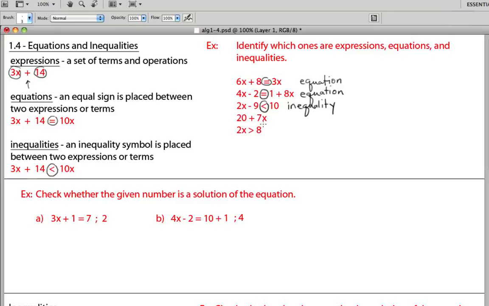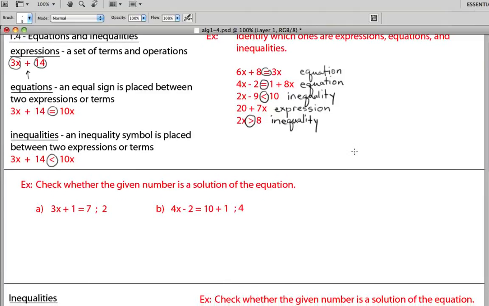If there's nothing, if there's no equal sign or inequality symbol, it is referred to as an expression. And finally, this last one is an inequality. So this is how we identify what we're looking at.